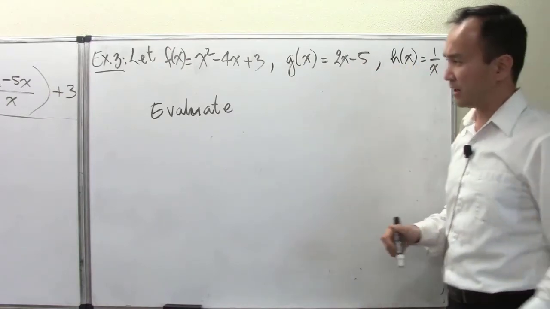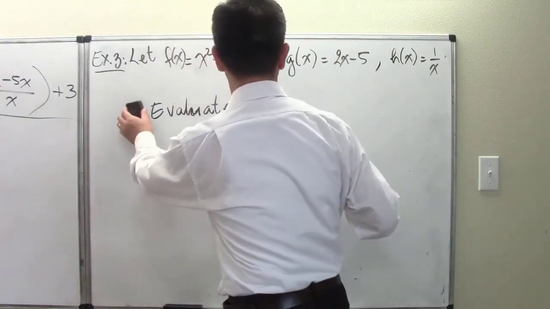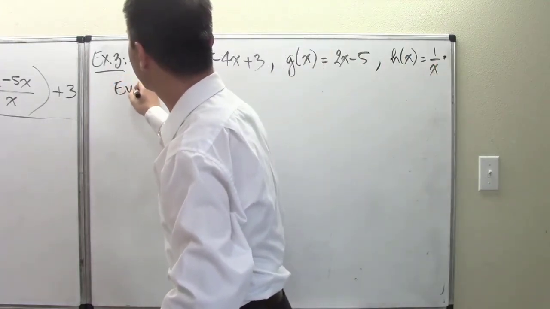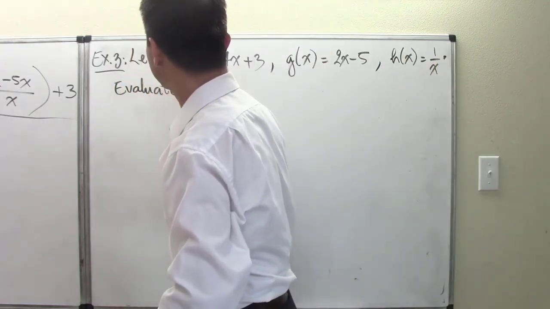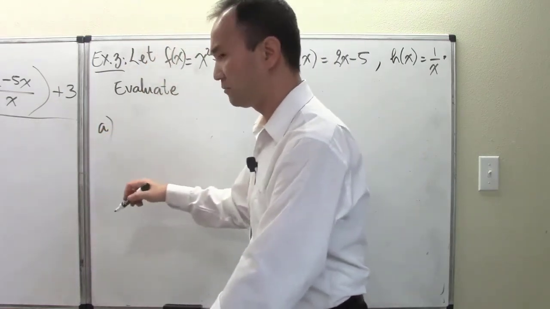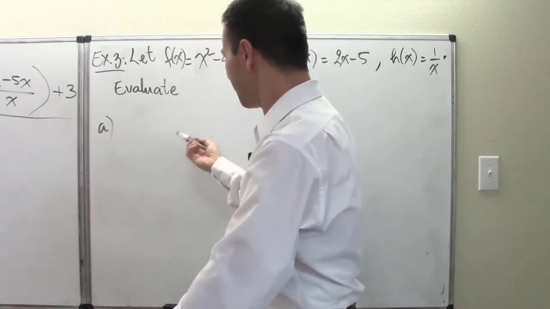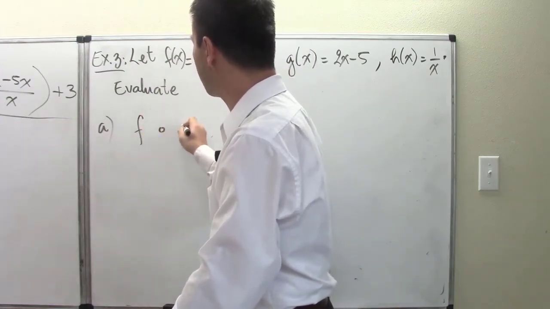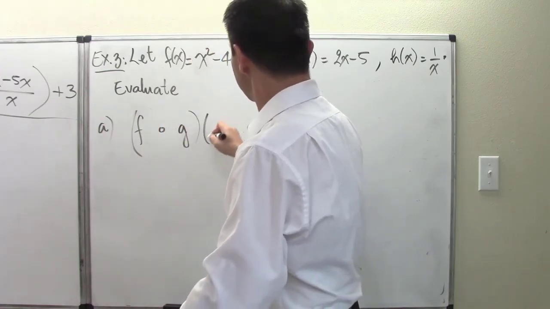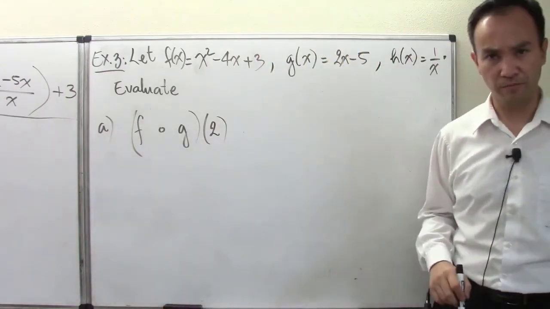Now let's simply evaluate. For part A, we've done as the introduction problem f of g of 1. So let's try again, f of g of 2.